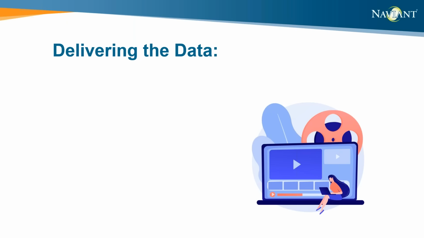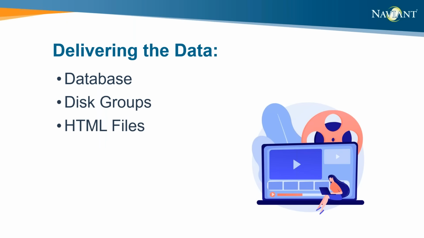The key items to note here would be a full backup of your database, a backup of your disk groups, any HTML files and scripts that you might use. Basically anything that makes your on-prem system work will need to be transitioned over to Highland and the cloud. This data will then be arranged and sent via SFTP or a network attached storage device to Highland to ensure that they can continue this migration and we see no downtime in the switch.